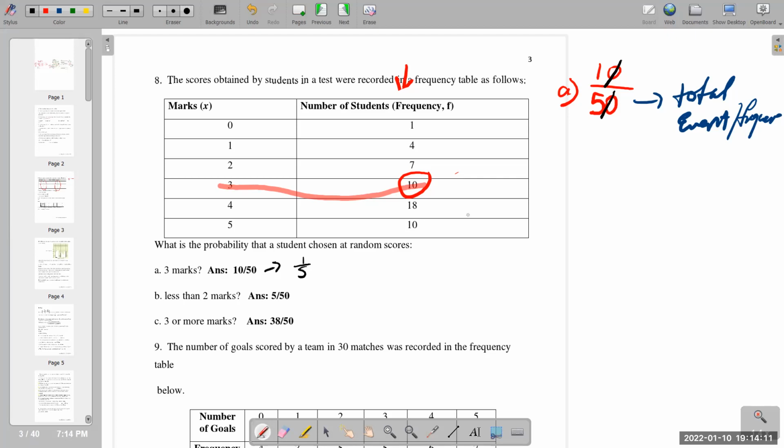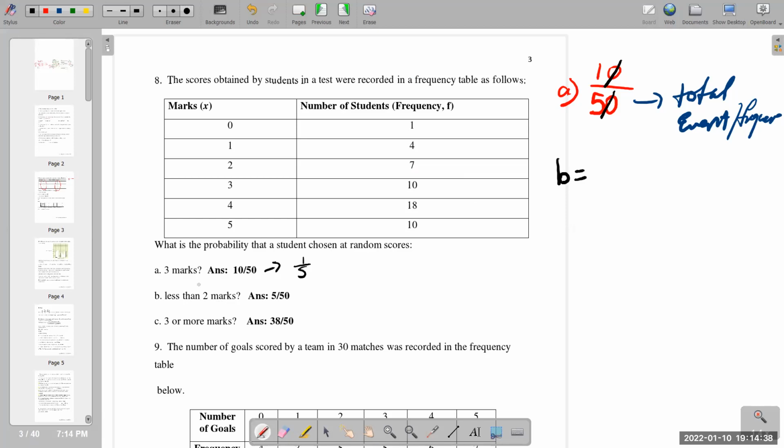So we have here now, this is a tricky one. So I want y'all to pay attention. This is where students always miss a mark or don't get any marks at all because their reading comprehension is poor. So B asks us for less than 2 marks. When you look at this, they give us 5.